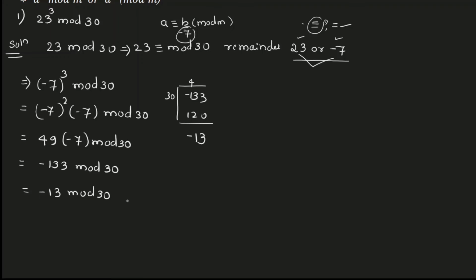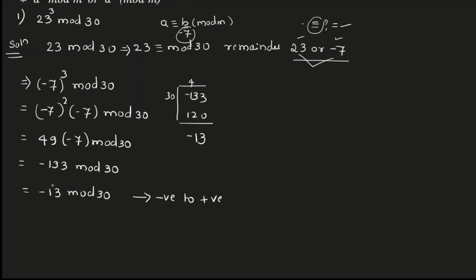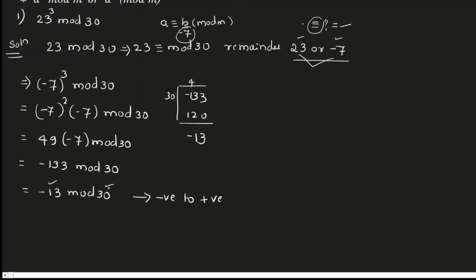One thing you should always keep in mind is that the final remainder should be positive. So we need to convert that negative integer to positive. How? We add these two numbers, minus 13 and plus 30. Minus 13 plus 30 is what? Plus 17. So this is the answer.